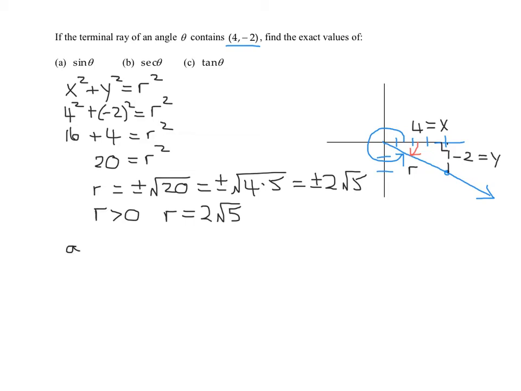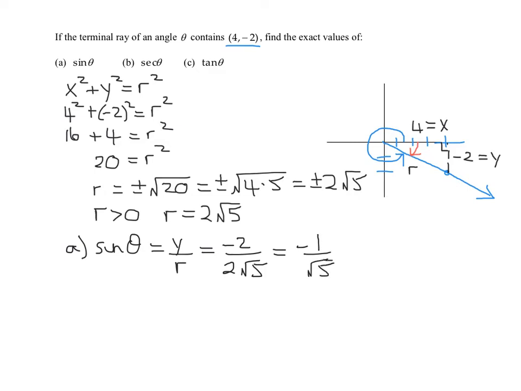So the first one wants me to find the sine of theta. Well, remember, the sine of an angle by definition is y over r. So what is y? y was -2, divided by 2 times the square root of 5, which was r. So the 2's reduce, so I'm going to get -1 over the square root of 5.